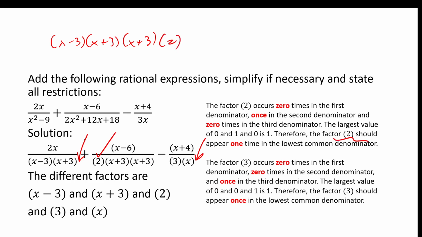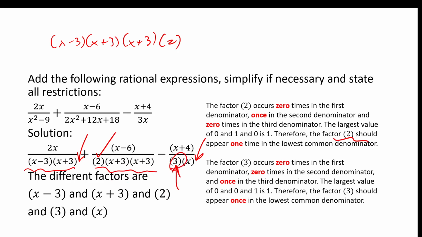Now let's talk about the factor 3. Now don't think about 3 as the term 3 in terms of x minus 3 and x plus 3, because in the factors x minus 3 and x plus 3, 3 is not a factor. It's simply a term within that factor. The only time 3 is actually a factor is in that third denominator. So the first denominator contains no factors of 3. The second denominator contains no factors of 3.